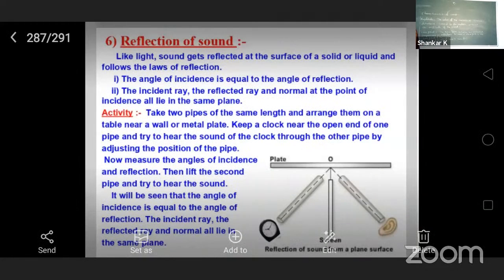Okay. The next one is reflection of sound. You know that reflection of light, yes, no? When you hold a mirror to the wall, it reflects the light. What you do at night when electric power is not there at your home, you take a battery light and hold it to the wall.